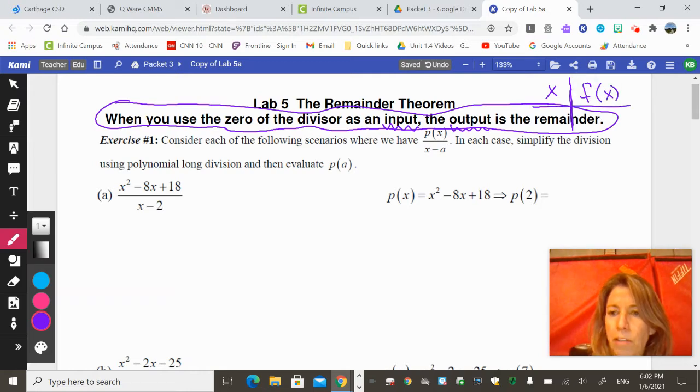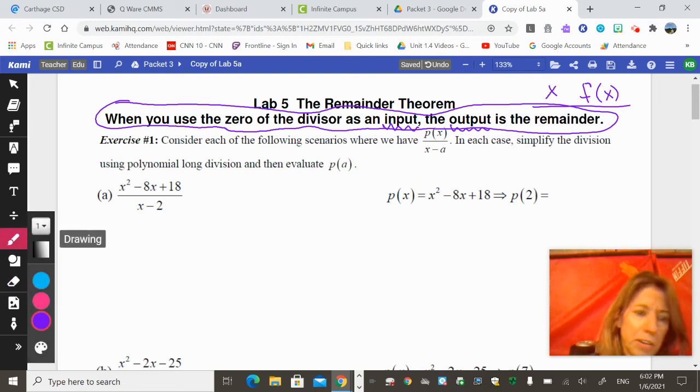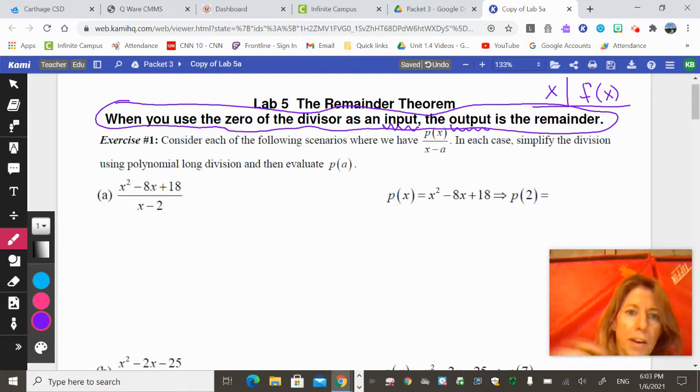So if we substitute a number for x, if we input a number for x, the value that we get, the f of x, is the output. I didn't mean to draw a line through a remainder there. I was just trying to draw that line. Input, output, like a table. X is input, f of x is the output.